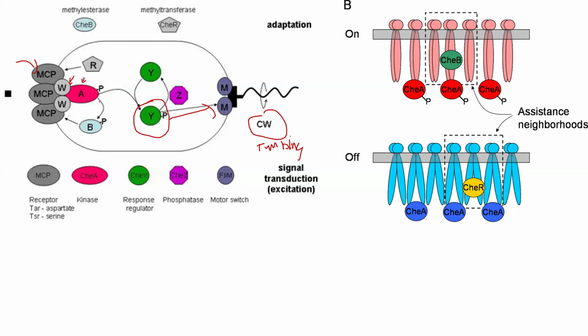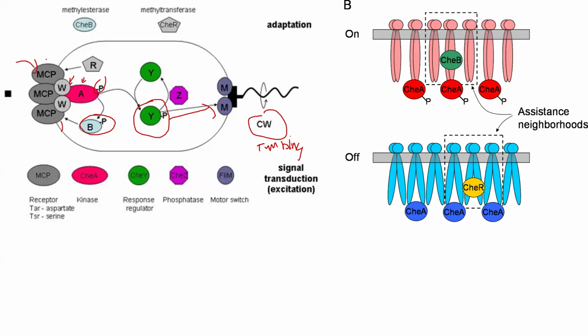And when CheA is autophosphorylated, it can also phosphorylate CheB. And CheB is a methylesterase, which means that it takes off methyl groups.